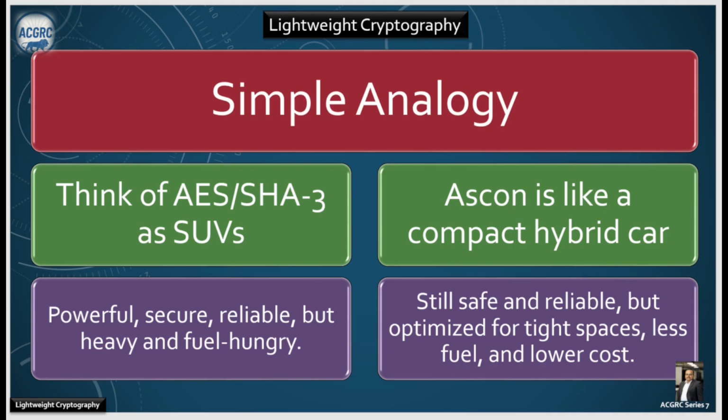Simple analogy, think of AES and SHA-3 as an SUV. It's powerful, secure, reliable, but heavy and fuel hungry. Whereas Ascon is like a compact hybrid car. It is still safe and reliable, but it's optimized for tight space, less fuel usage, and lower cost.